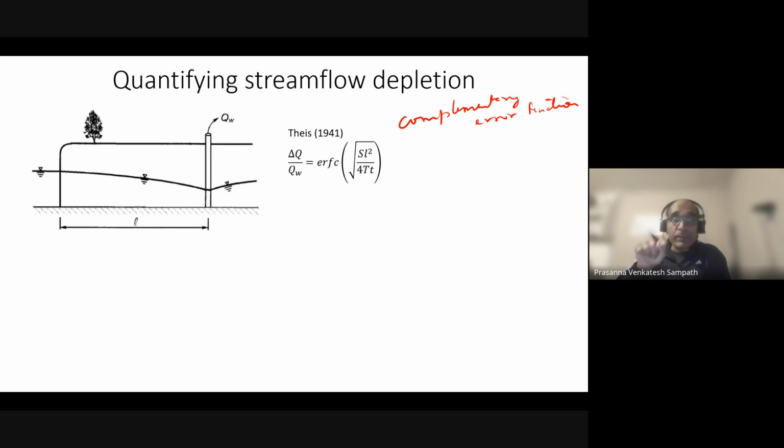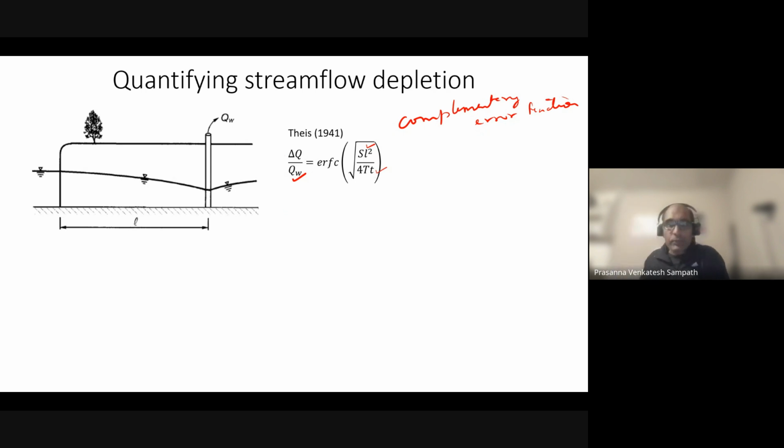embedded into this expression. Now you see there are one, two, three, four terms in this equation which determine how much delta Q is. Delta Q is determined by QW, how much water is being pumped; L, the distance from the stream where the pumping is happening; small t, the duration, since how long you are pumping, at what time t you want to find the depletion; and the ratio T by S or S by T, whichever way you think of it.